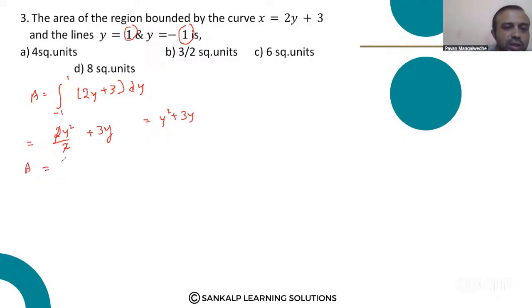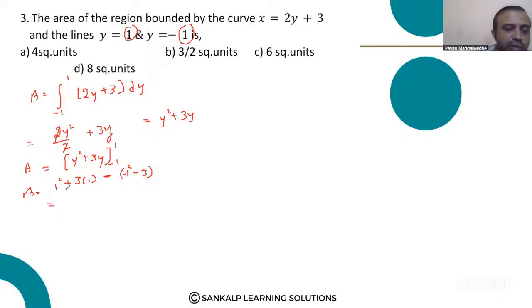So area is equal to y square plus 3y, from minus 1 to 1. So A is equal to 1 square plus 3 into 1 minus of minus 1 square minus 3.